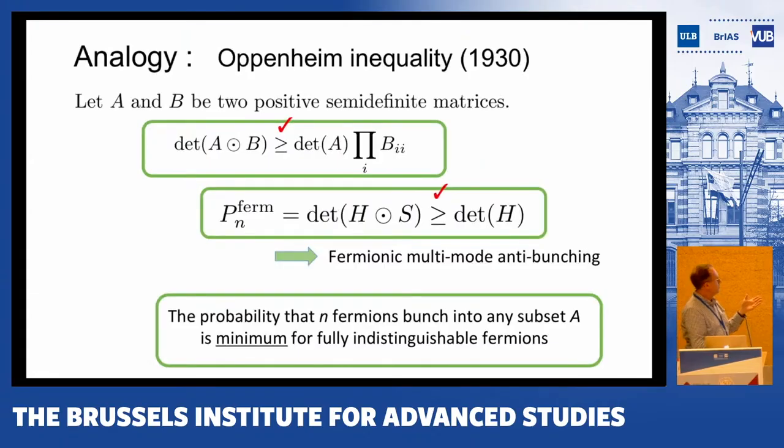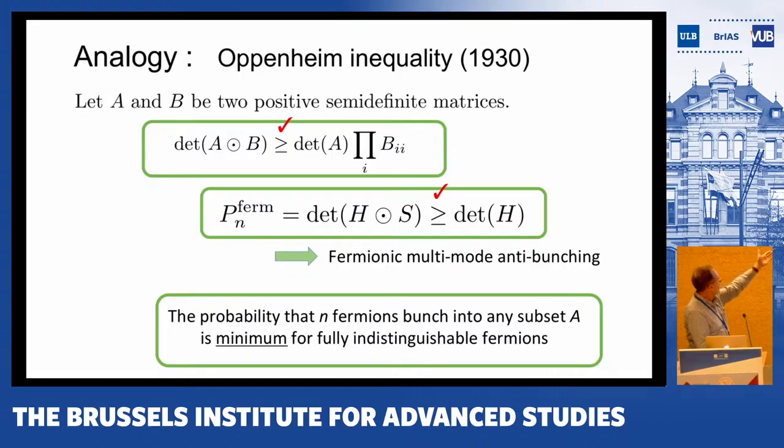Another reason it's even more obvious to say that this is plausible is that if you consider one single output mode, I've already shown you that this is the case. The bunching probability is maximum when all bosons at the input are indistinguishable. Another reason to believe that this must be true is the analogy with the fermionic case. In the fermionic case, the inequality gets flipped. The permanents are transformed into determinants, but everything is basically the same otherwise.